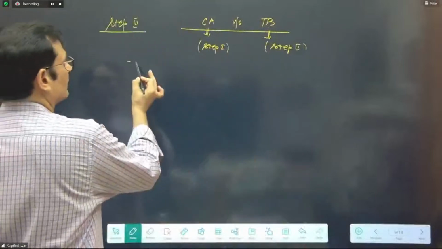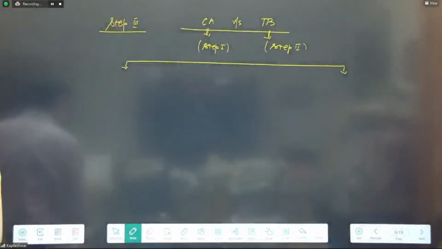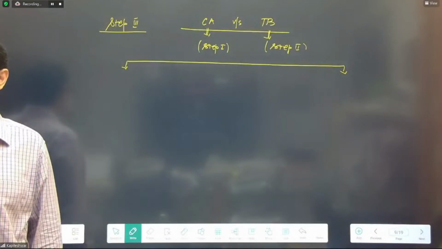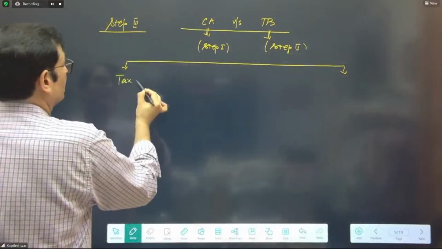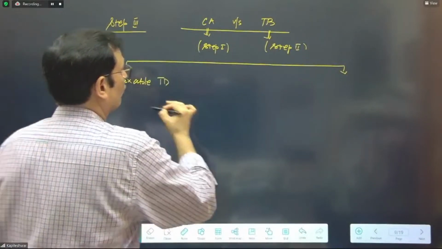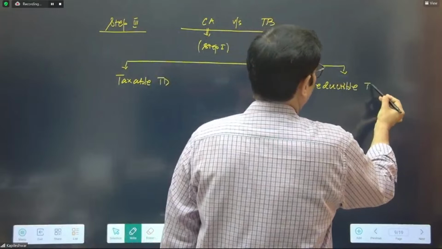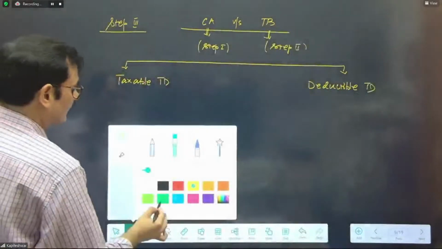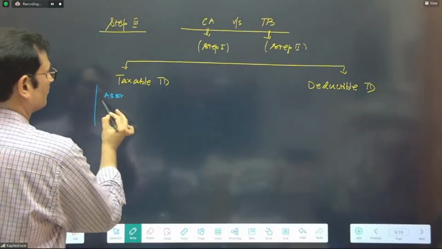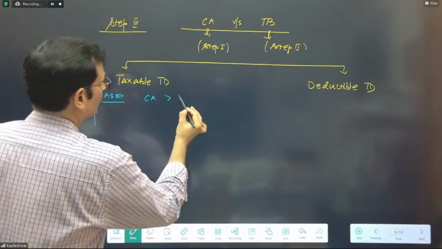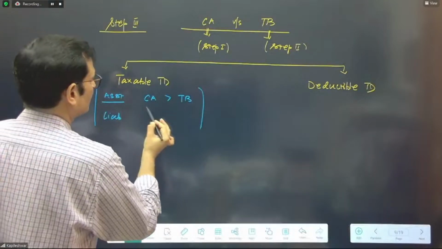Now, in this particular case, there are two permutation combinations which would arise. Either you get a taxable temporary difference or you get a deductible temporary difference. You get a taxable temporary difference in terms of an asset when the carrying amount is more than the tax base, and in terms of a liability, when it is the other way around.